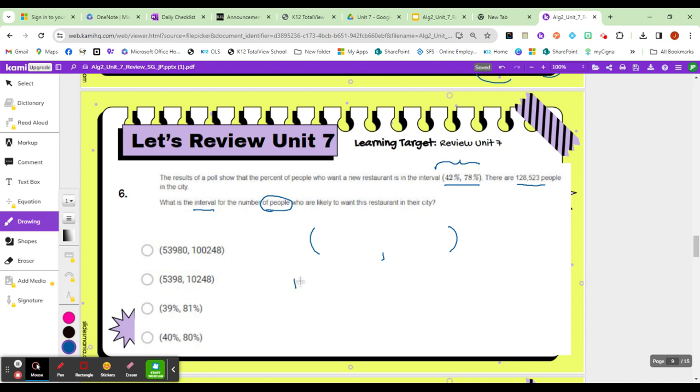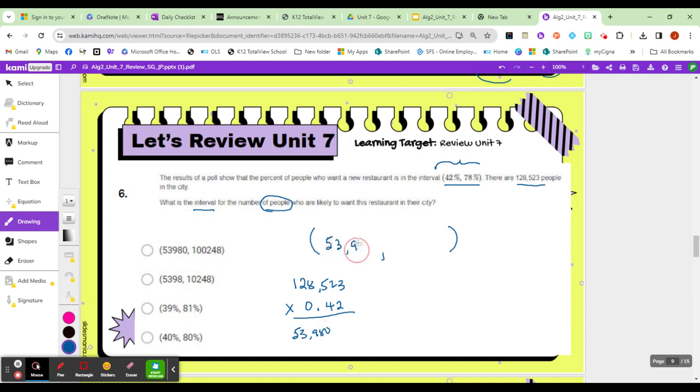So you're going to take the whole number of people, 128,523, and to find your minimum, you're going to multiply it by the decimal for the minimum percent, which is 42%. So you'll multiply that by 0.42. That is going to give you 53,980 people. So you would put that first.